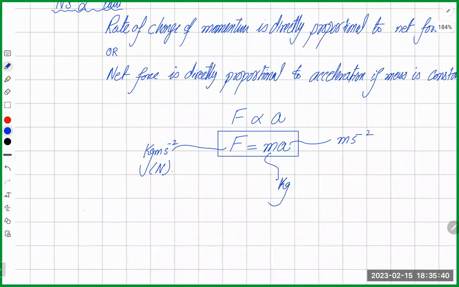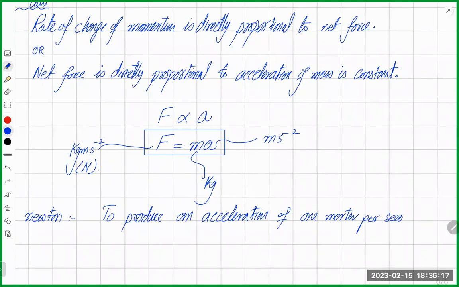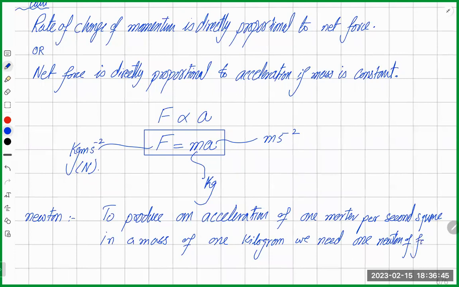Now, to produce an acceleration of 1 meter per second square in a mass of 1 kilogram, we need 1 Newton of force.